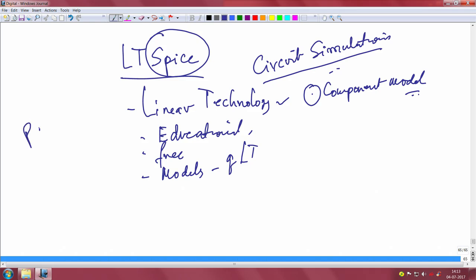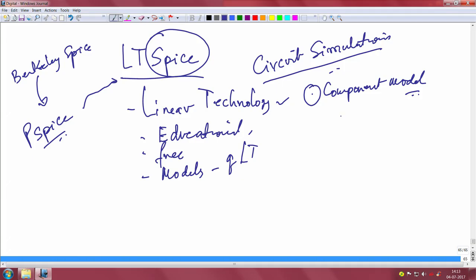LTspice also comes from the Berkeley Spice. They call it LTspice because it has a number of Linear Technology components.